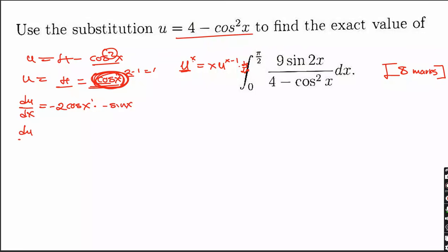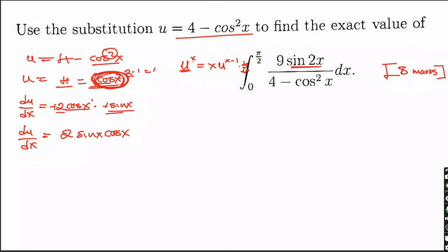So du dx is going to be equal to, because this is negative and this is negative, 2 cos x multiplied by this, you're going to have 2 cos x sine x. After looking at the question, you can see you have in the numerator there sine 2x.